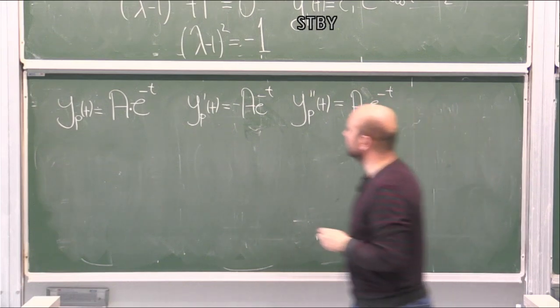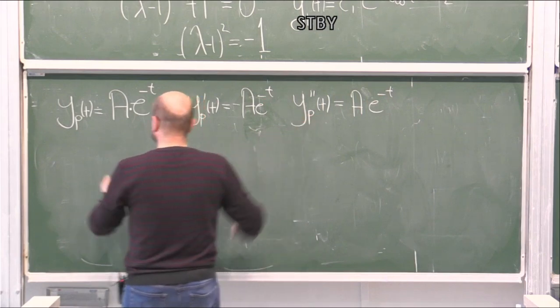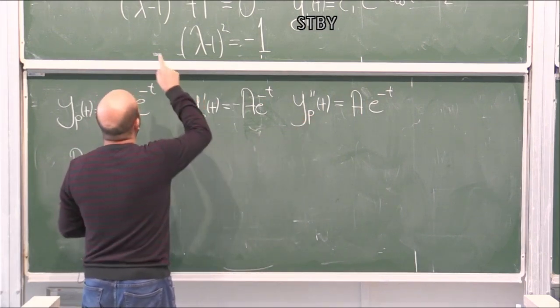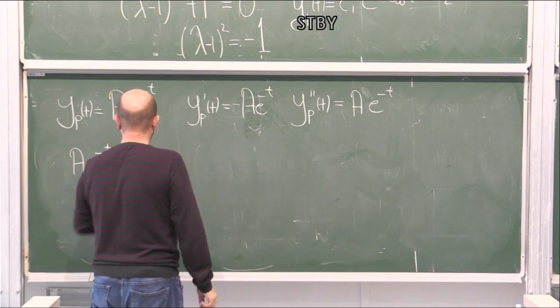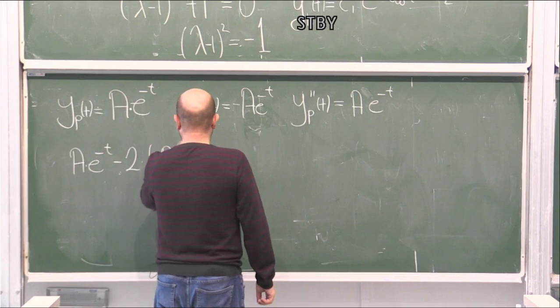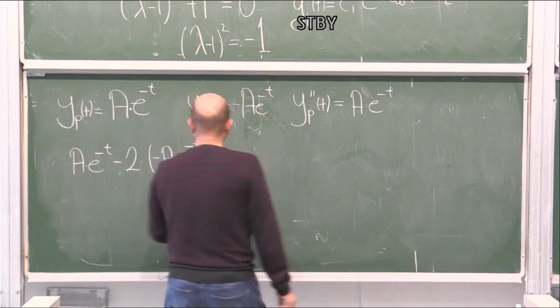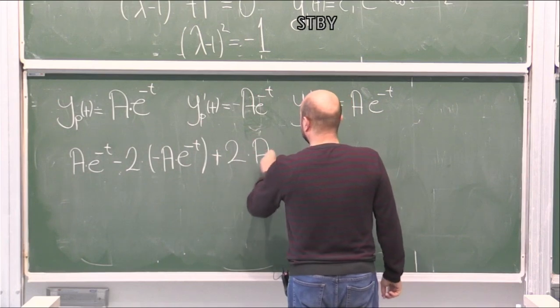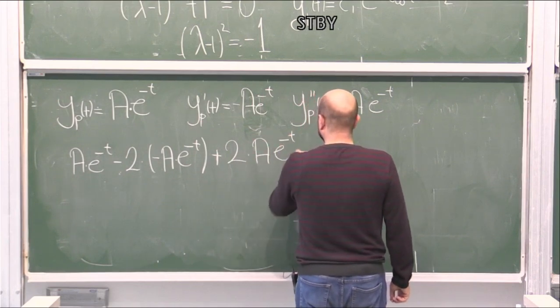If you plug this into the equation, the second derivative, we have a times e to the minus t, minus 2 times the first derivative, which is minus a e to the minus t, plus 2 times y particular, which is a e to the minus t.